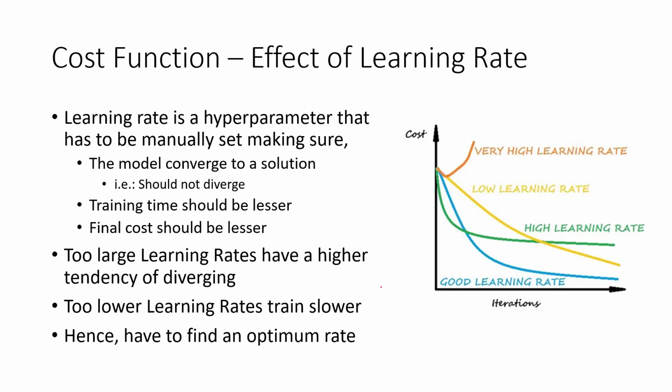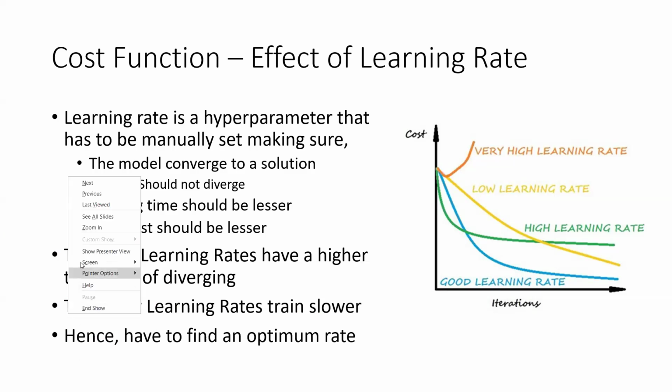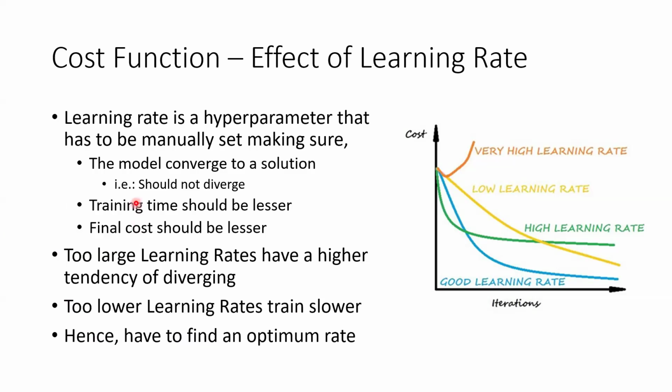So the idea of selecting the learning rate is, first, that the model should converge to a solution, right?